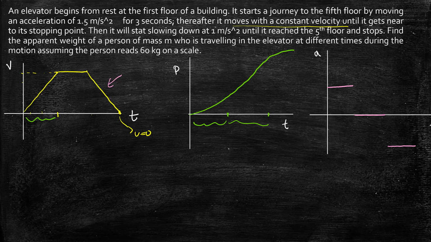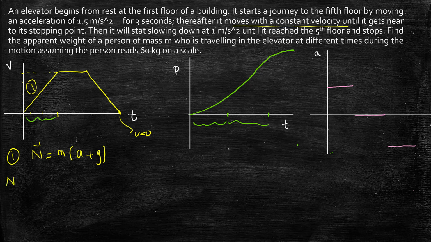Now that we have our graphs sorted out, we're going to try to figure out what the apparent weight is in the 3 sections. So let's do the first part, which is accelerating up. To do this, I'm going to use the same formula we got in my first video on this subject: N equals m(a plus g). Then I'm going to plug in my numbers for the 3 parts of the motion. So the first part, I'm accelerating.